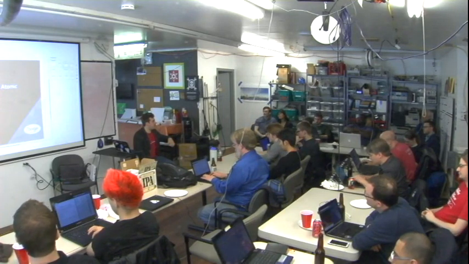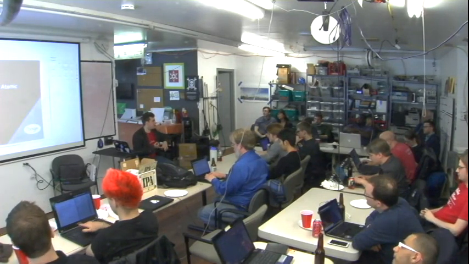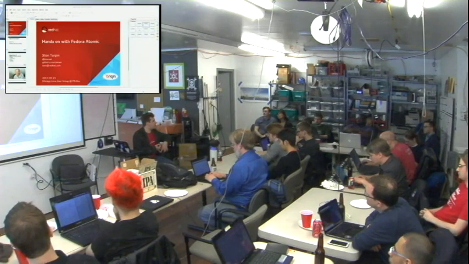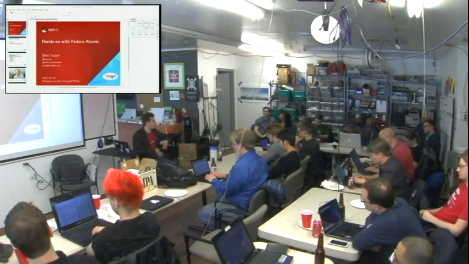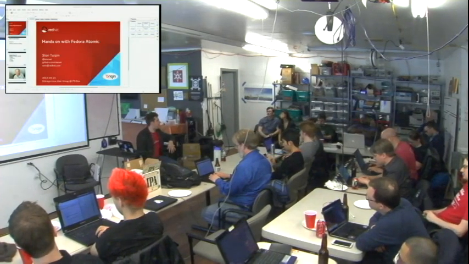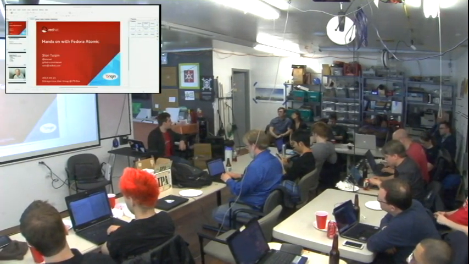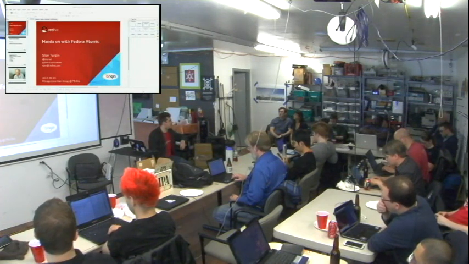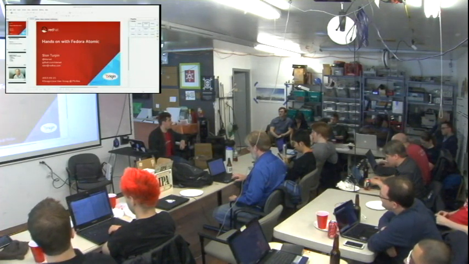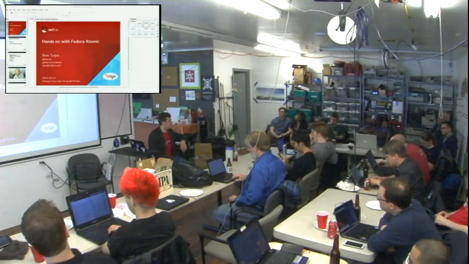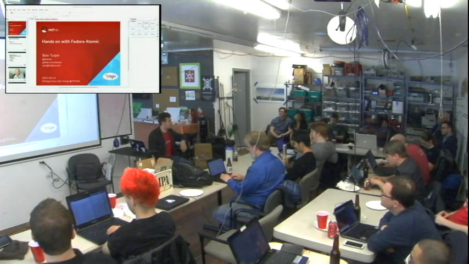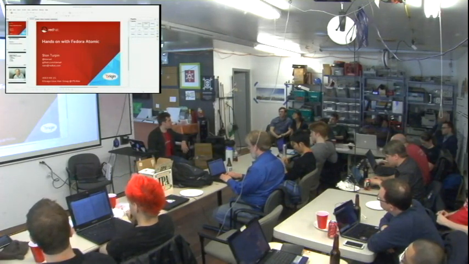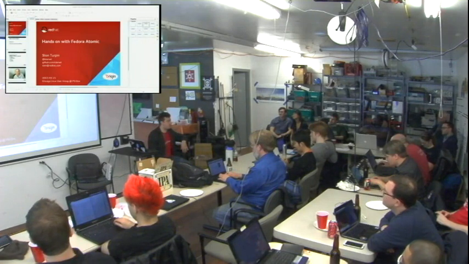The way we're distributing Atomic right now is there are QCOW images, which you can run on OpenStack or KVM or whatever virtualization engine you're interested in. If you want to run it right on metal, then there is an installer for Fedora 21, maybe 22 Atomic, but not yet for CentOS or RHEL. My personal hobby is trying to get this to run on a Raspberry Pi 2, because I think that would be fun.